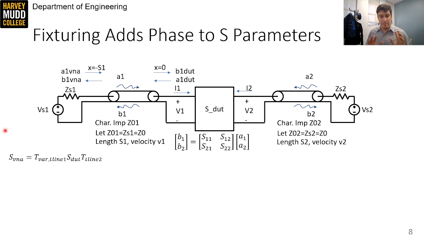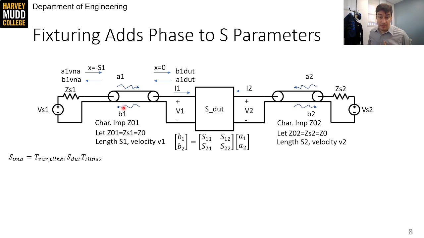This might look hard to model at first glance, but our work on T parameters is a huge help here. We can imagine moving our signals from DUT port 1 at the DUT here, left on the page to VNA port 1 by using T parameters of this transmission line.